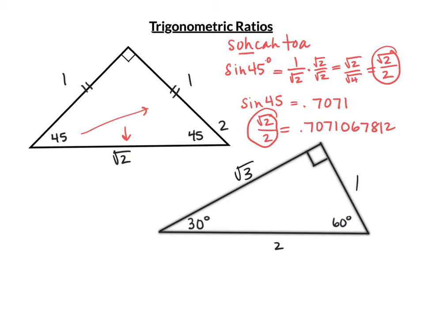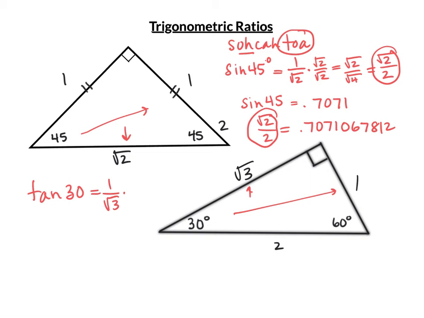If I asked for the tangent of 30 degrees, tangent, TOA, is opposite over adjacent. The opposite is the 1. The adjacent, next to, not the hypotenuse, is the root 3.